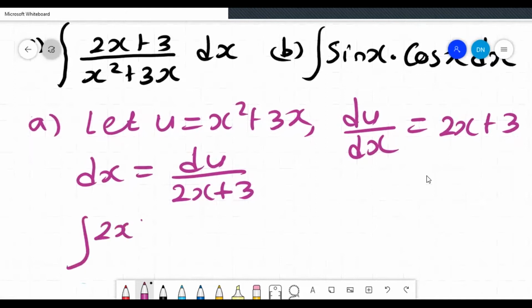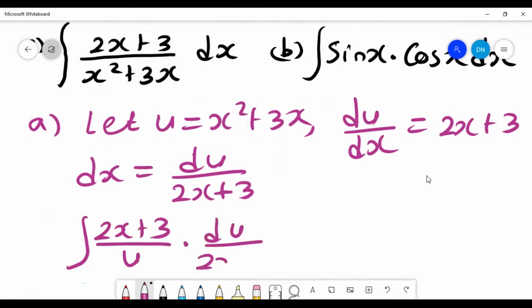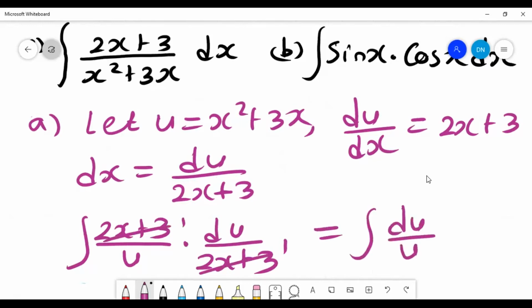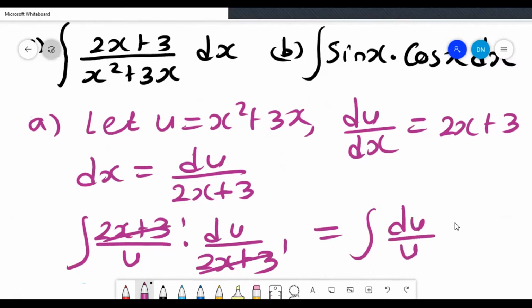I get 2x plus 3. Instead of writing x squared plus 3x, I put u. And instead of dx, I put du over 2x plus 3. And this will cancel out, and what I'll be left with is du over u. What is the integral of du over u?